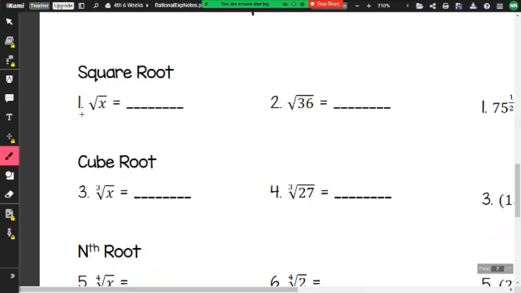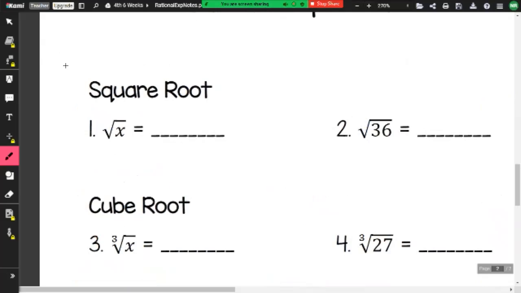All right. Let's start off with something simple. The square root of x. When a base does not have an exponent, you fill it in with what? A 1. If there's no number on the radical symbol, you put a 2 as your index.